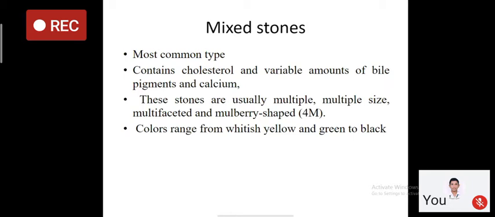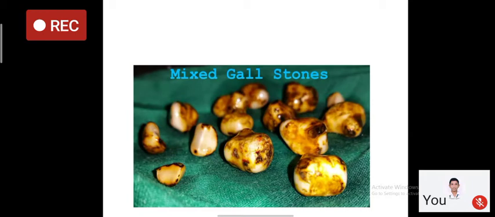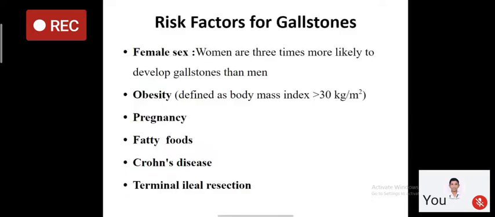You can see in this photograph, these are mixed gallstones, multifaceted and of variable size.